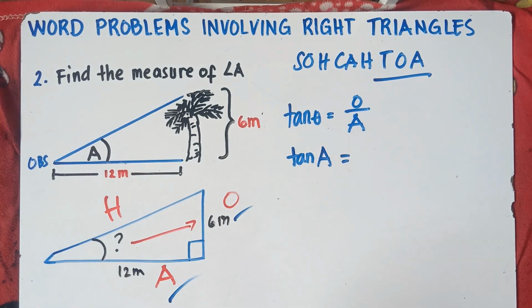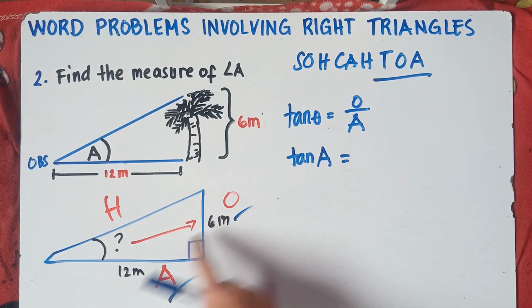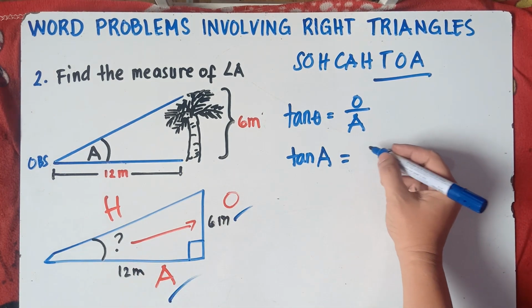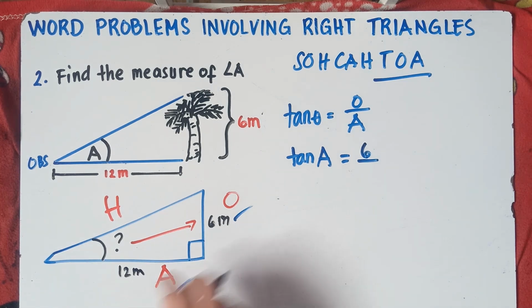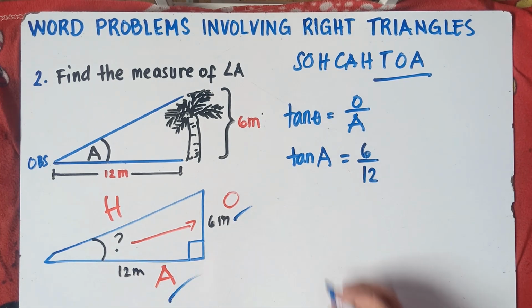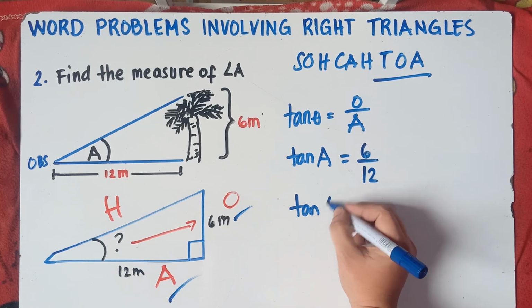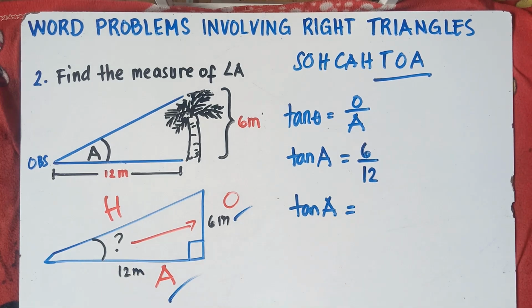Do not forget, class, if you're looking for the angle, it should always be a capital letter. So tangent A, then opposite, that is 6 meters. Let's ignore first the unit, 6. Adjacent, that is 12. So tangent A equals 6 divided by 12.